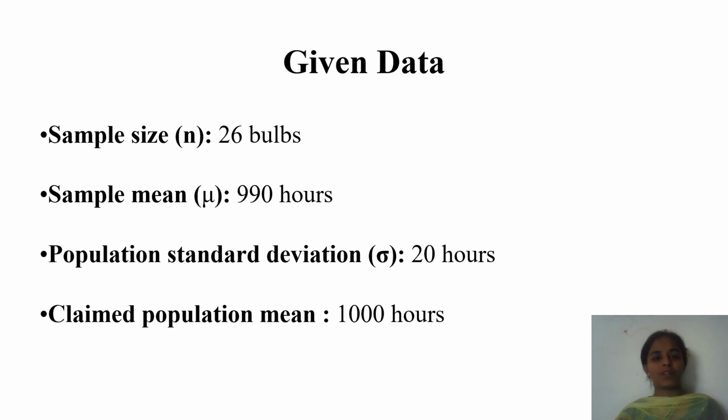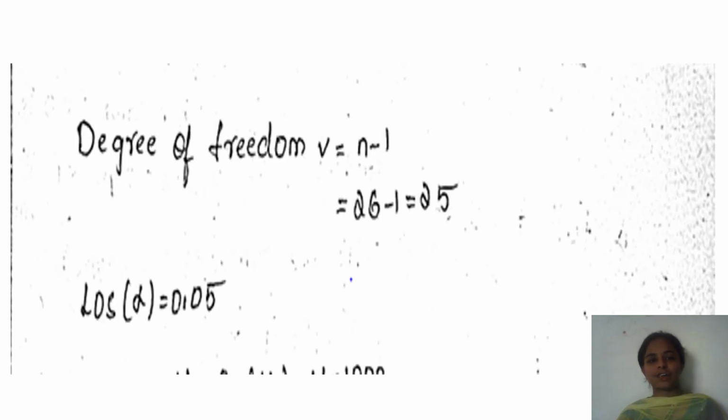In the problem, the given data are sample size, sample mean, standard deviation, and population mean. So sample size n equals 26 bulbs, the sample mean equals 990 hours, standard deviation is given as 20 hours, and the claimed population mean is 1000 hours.